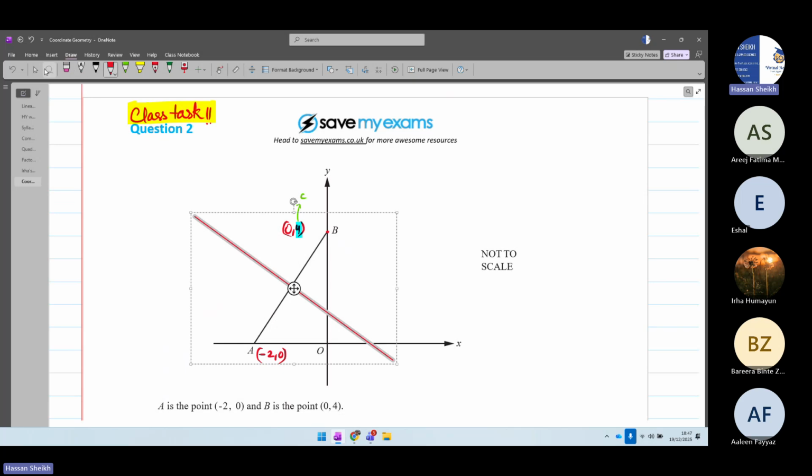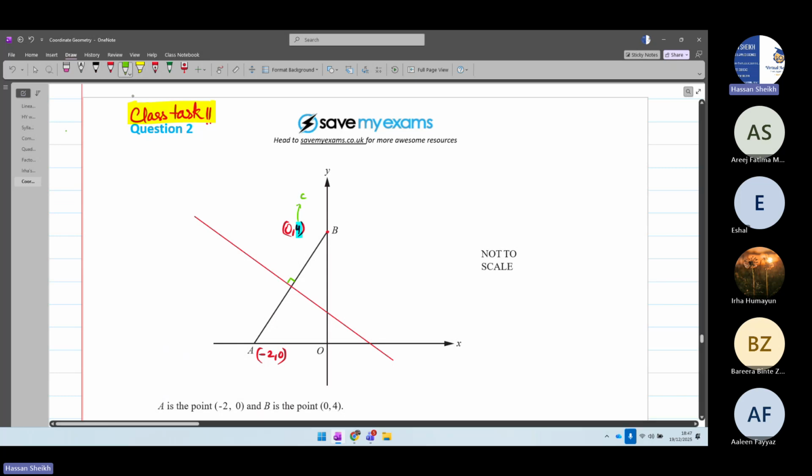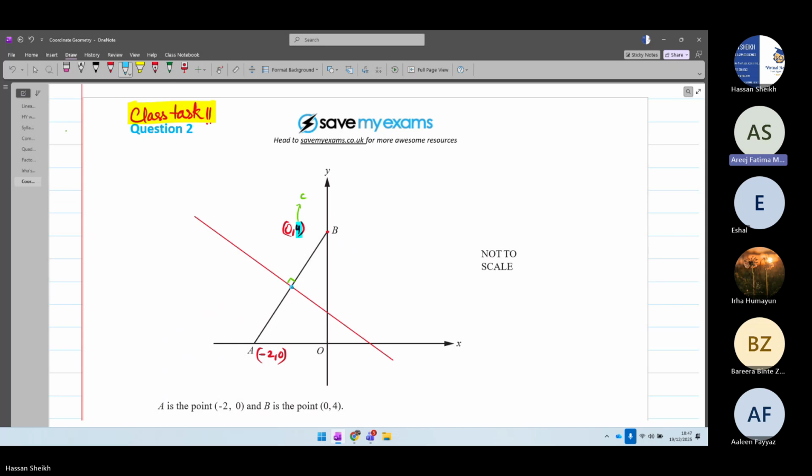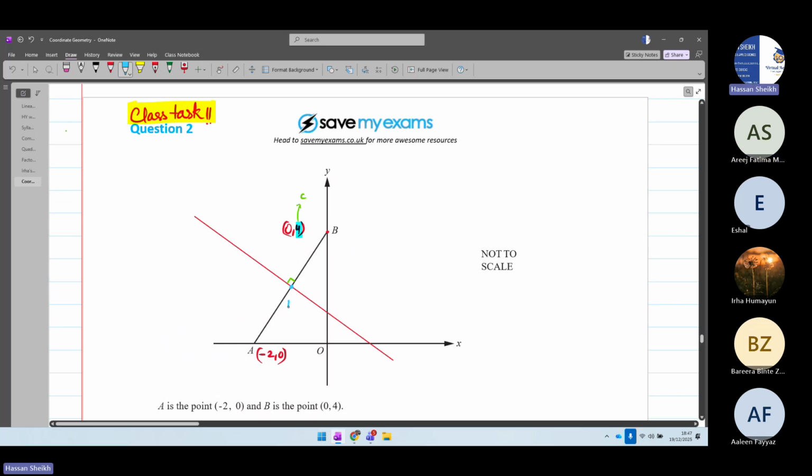So, what does perpendicular bisector mean? Perpendicular means a line that is at 90 degrees. Suppose that this is at 90 degrees. And bisector means that it divides the line, it cuts the line at the center, which is the midpoint.